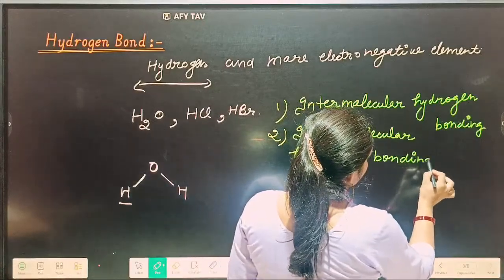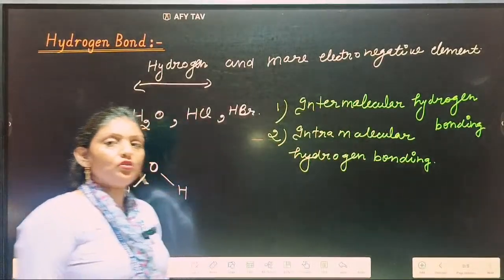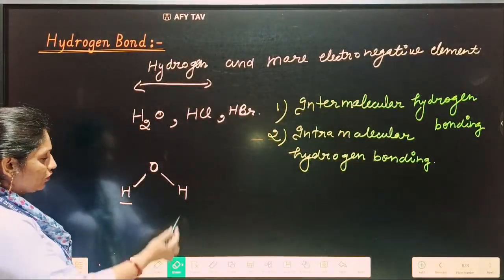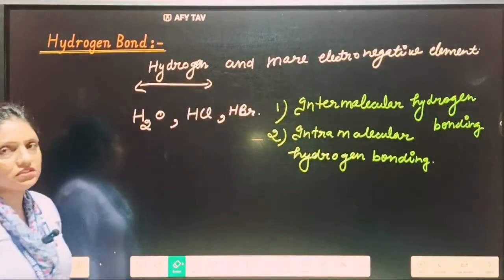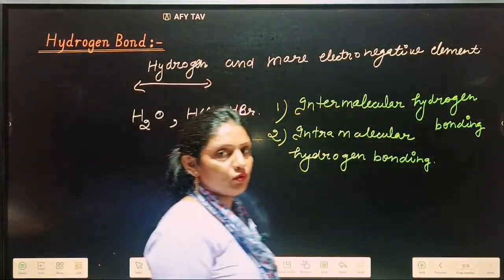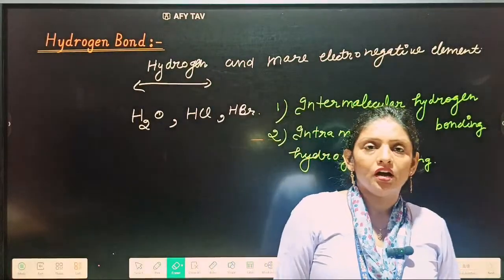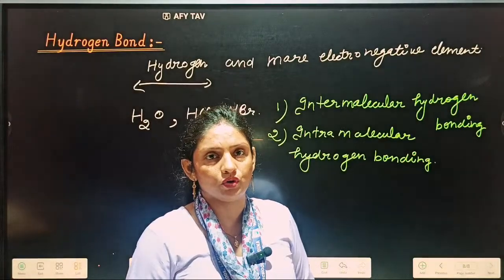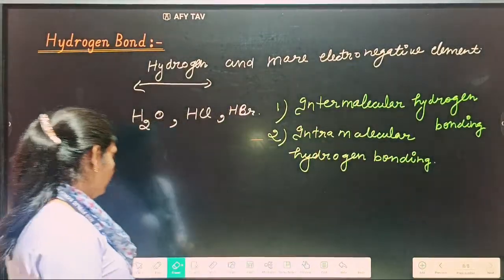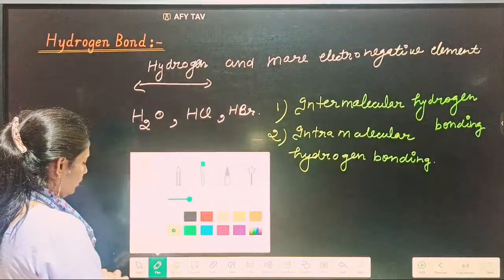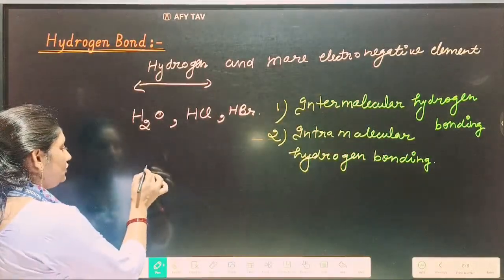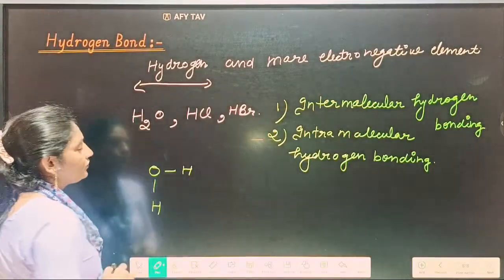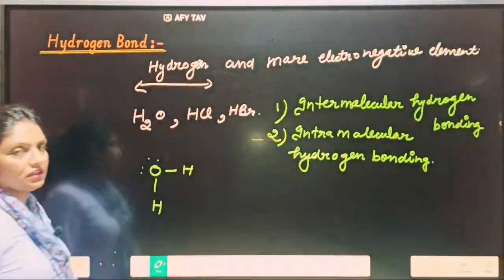Intermolecular and intramolecular. What do you mean by intermolecular hydrogen bonding? Students, if hydrogen bonding takes place between two different molecules, that hydrogen bonding is known as intermolecular hydrogen bonding. Like, students, if I have one water molecule here, OH, you know very well two lone pairs are there.